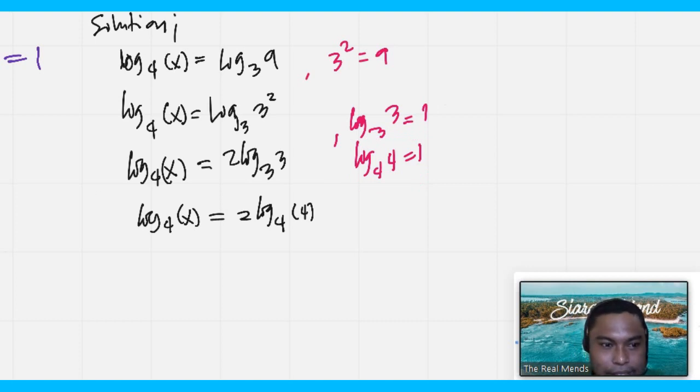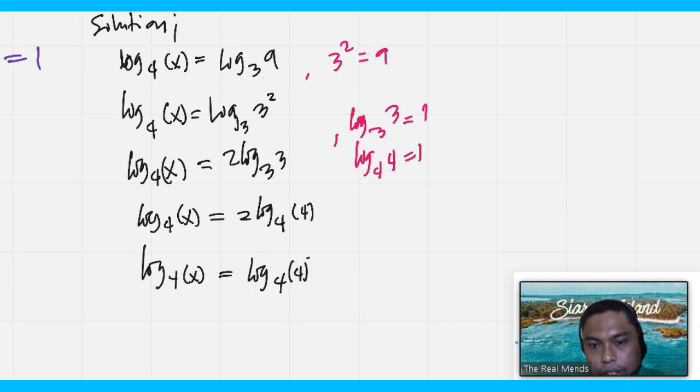Rewriting the equation again, I have log base 4 of x is equal to log base 4 of 4 squared.